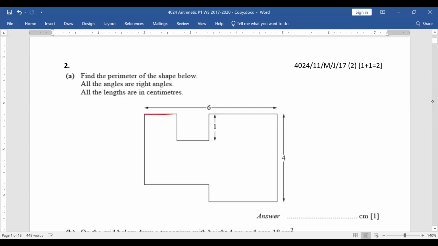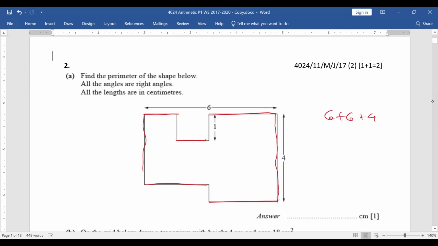So look, this one plus this one plus this one is 6. Again, this one plus this one is 6. So we have 6 plus 6. Now, this width is 4, so we can add 4.